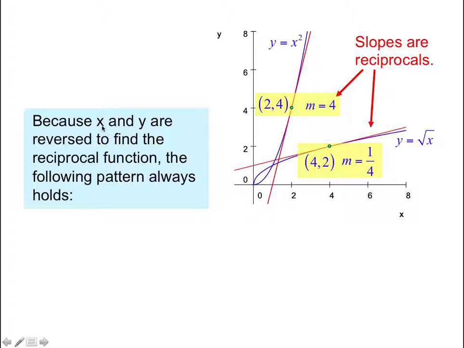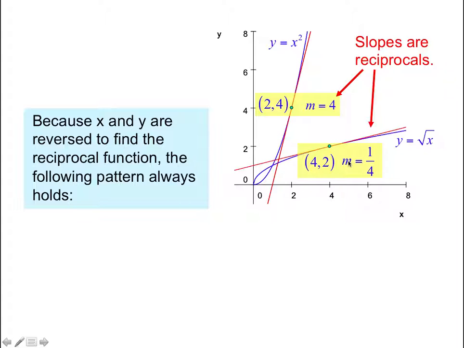The x's are the runs and the y's are the rises. So if 4 is a rise of 4 and a run of 1, then its inverse, if we swap those, would be a rise of 1 and a run of 4.